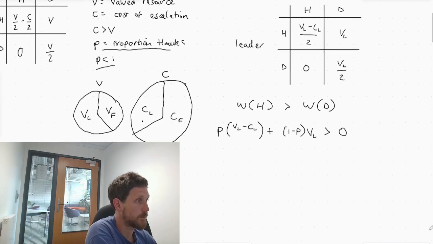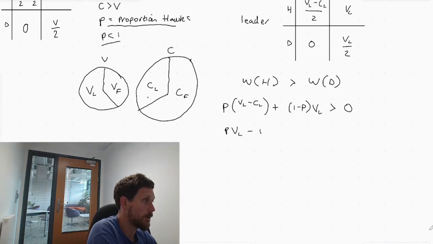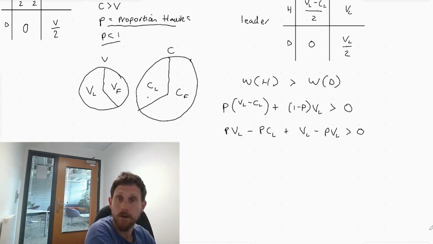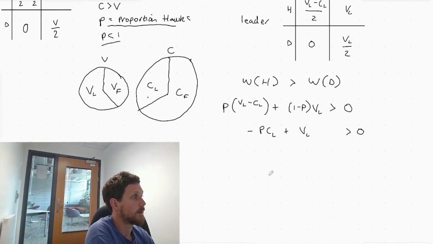And now I'm going to finally use the second line to multiply out the brackets. Noticing that we have PVL and minus PVL on the same side of the equation, we can essentially remove both of them and then add PCL to both sides.